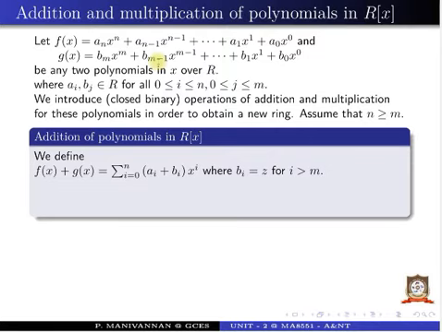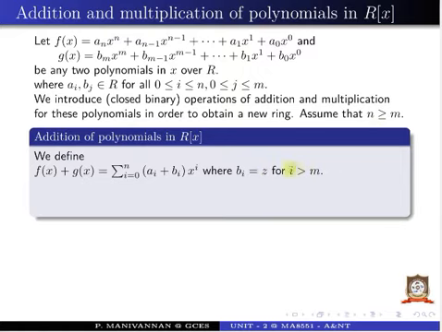This is the addition of polynomials in R[x]. We define f(x) + g(x) equal to the summation i equal to 0 to n of (ai + bi) x^i, where bi equal to 0, that is, bi equal to 0 for i greater than m.